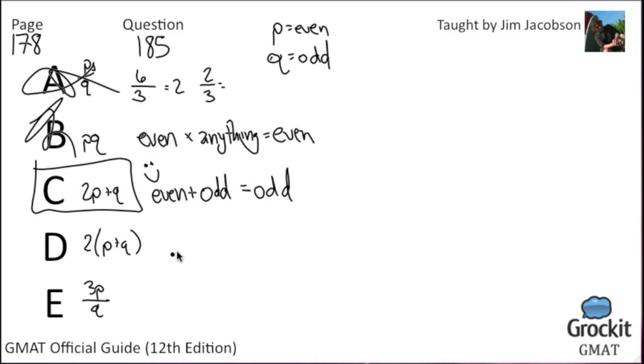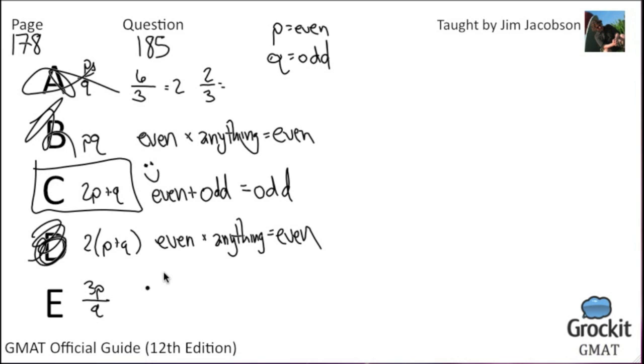2 times (P plus Q) is again even times anything, which gives us an even number, so it's not answer choice D. Because 2 is an even number, no matter what was in the parentheses, it was going to be even.